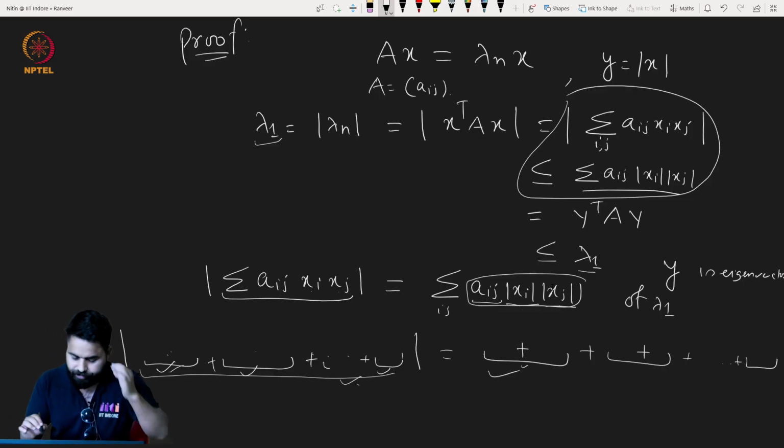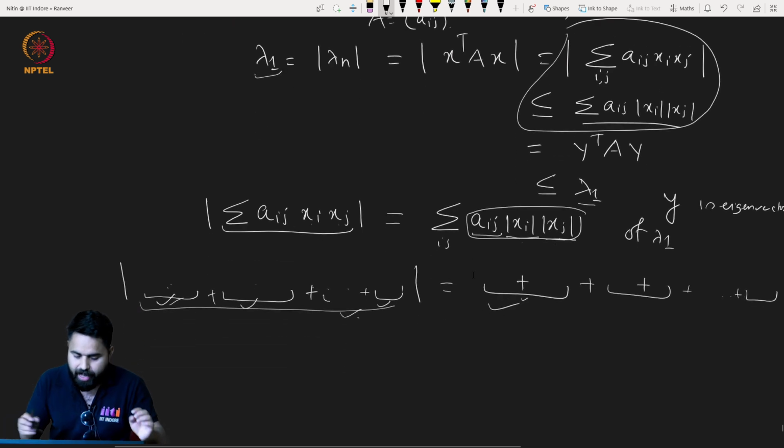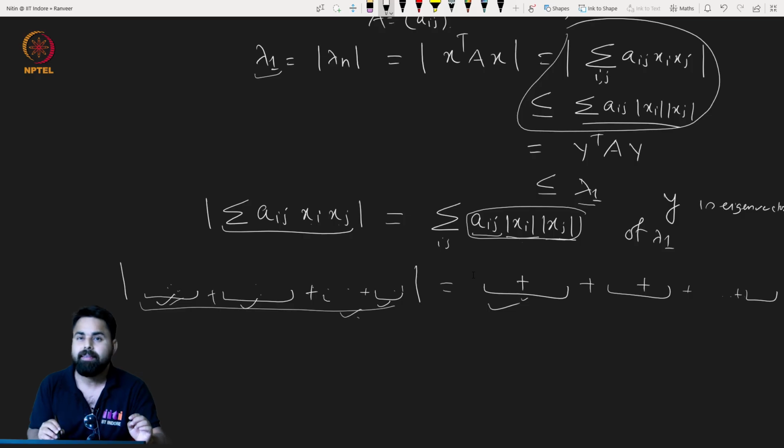Okay, and then here every term should be negative. That means whenever there is an edge, either xi or xj must be negative.